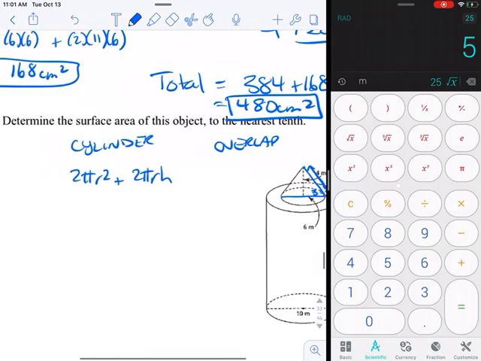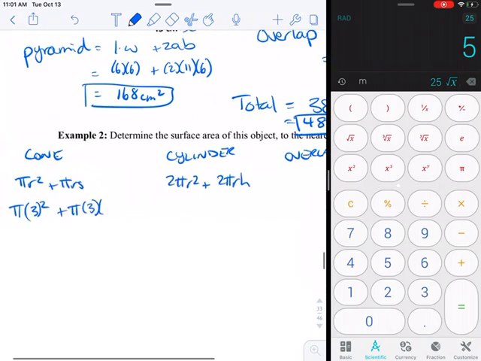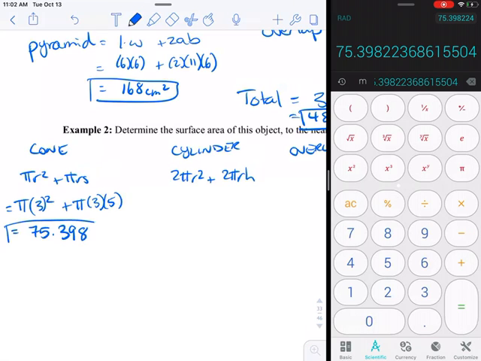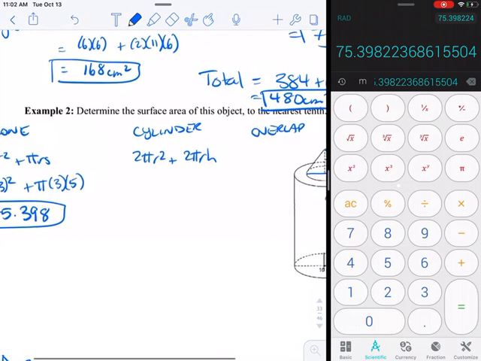So let's use that in our formula. If we do all that, we're going to get this answer. So pi times 3 squared plus pi times 3 times 5 is 75.398.